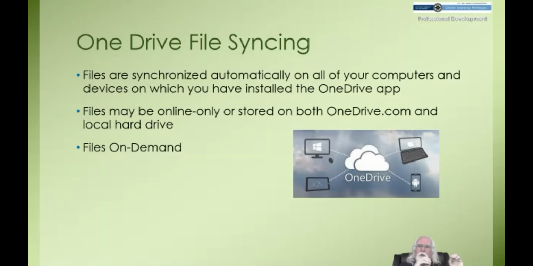When you make a change in one place, the change is automatically reflected in the other place. If you make a change in a locally stored copy of a file that's also on OneDrive, OneDrive will update it on the web as well. So you don't end up with one version of a file on your local computer and a different one in OneDrive. OneDrive does what's called version control for you automatically.